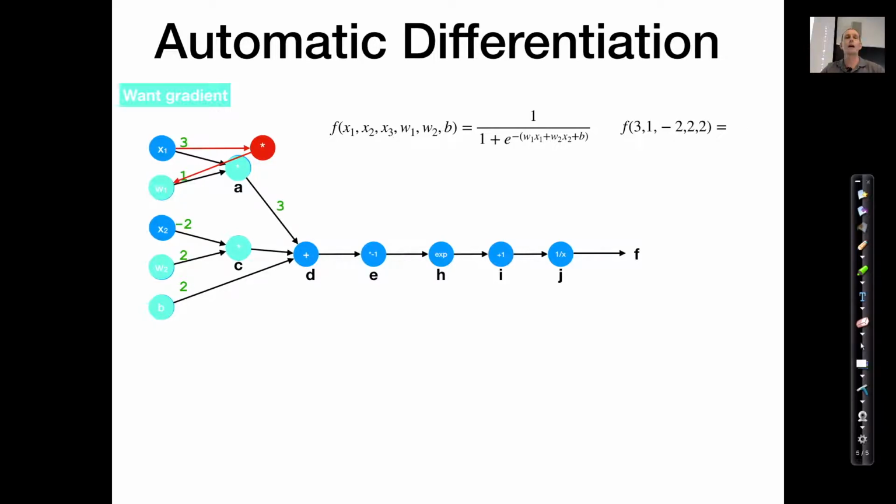So we're going to go ahead and now for the next one, compute another multiplication. And then for our plus, let's figure out what we're going to do here. We're creating a red node, and it's times 1. This is really just an identity function, right?